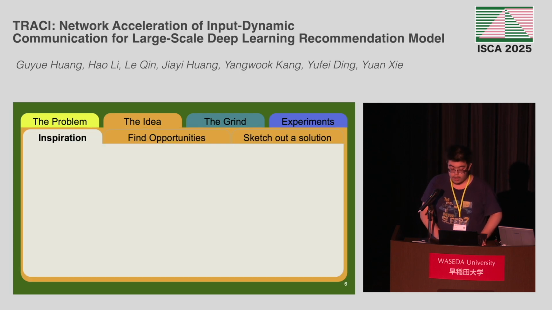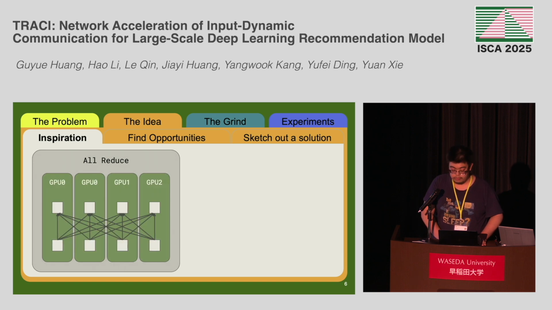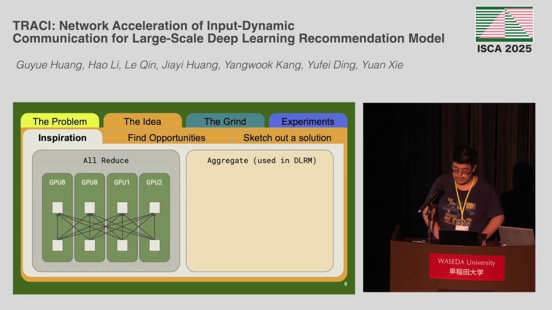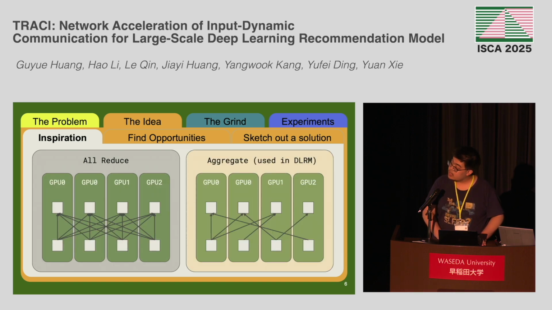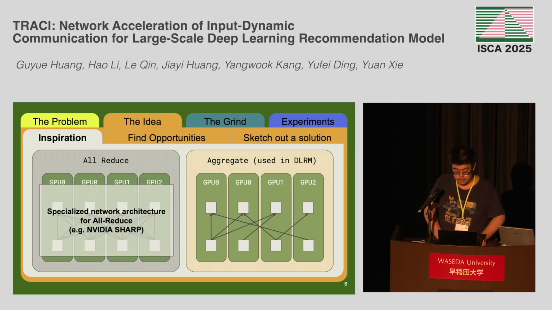Let's walk through our idea with a comparison of AllReduce and the aggregate operation used in DLRM. In AllReduce, each GPU sends data to every other GPU, and this is a uniform operation. But in the aggregate operation in DLRM, the input queries ask for different numbers or different sizes of responses, and this pattern is dynamic.